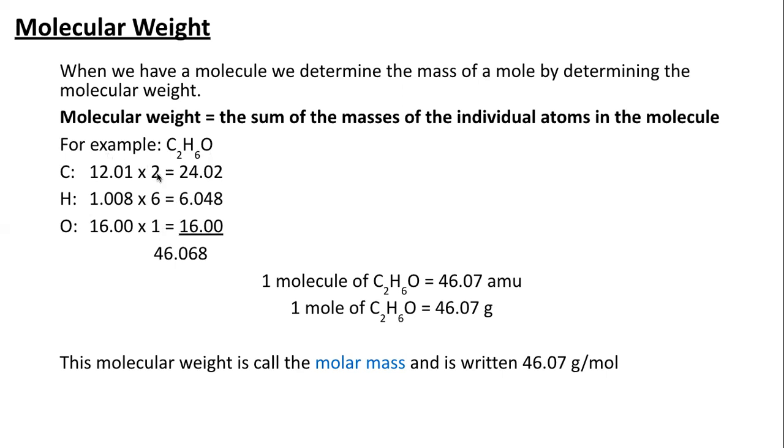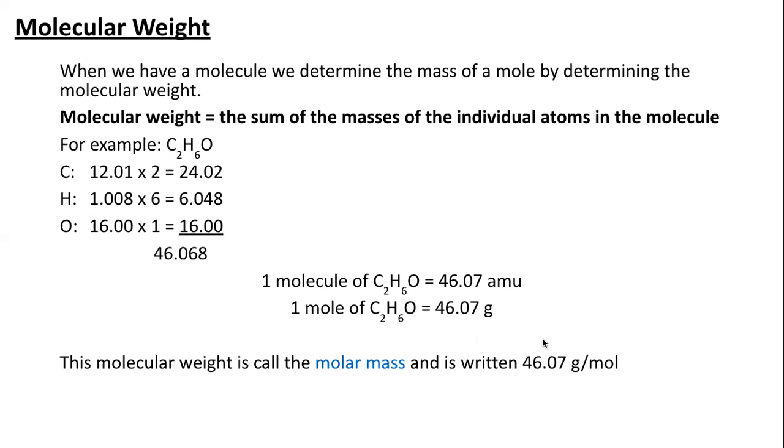And when you multiply how many by their atomic weights from the periodic table, you get 24 for carbon, 6 for hydrogen, and 16 for oxygen, which equal 46.068. And so 1 molecule is 46.07 atomic mass units, but we can also read this as 1 mole of C2H6O is 46.07 grams. And this molecular weight is again what we call the molar mass, and it is written as 46.07 grams per mole.